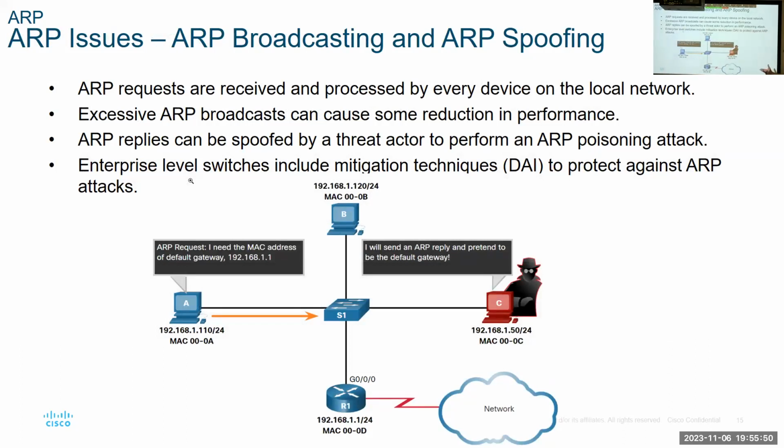ARP spoofing is a way that bad actors can use the ARP protocol to impersonate other devices. Somebody sends out an ARP, let's say for the default gateway, and a device on the same network says, "That's me." Basically, whoever replies first wins. Or maybe it's whoever replies last wins; I'd have to test that out to see.